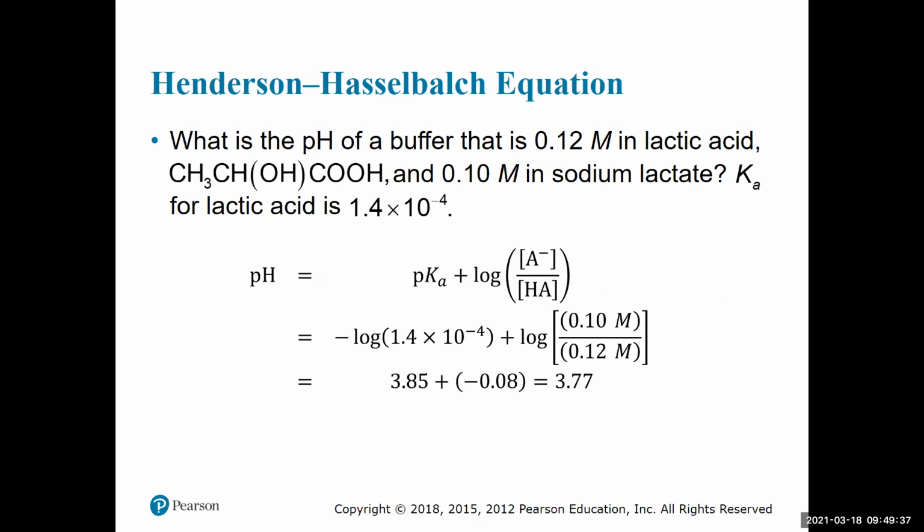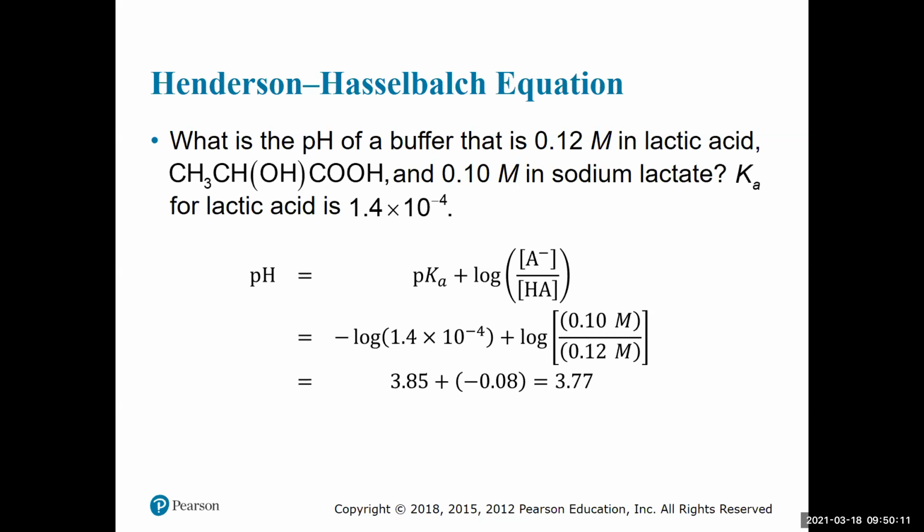Okay, I'm going to go through this and then we'll end for the day. Henderson-Hasselbalch equation: what's the pH of a buffer if it's 0.12 molar lactic acid and 0.1 molar sodium lactate, and it gives us the Ka for lactic acid. So we can plug in our Ka here. We can plug in our lactate ion concentration in the numerator, and the lactic acid in the denominator.